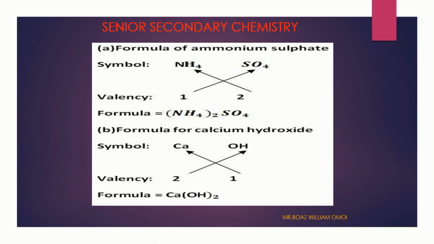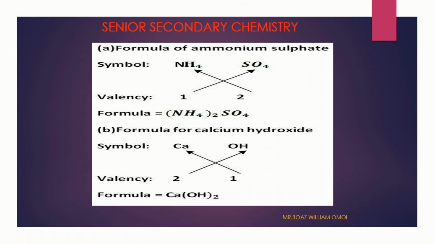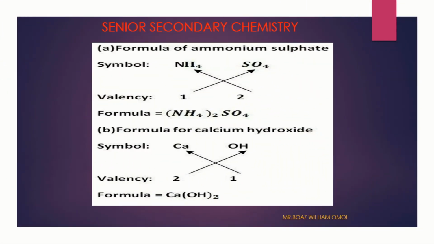Therefore, you interchange the valencies. So 2 goes to ammonium and 1 goes to sulfate, and you get ammonium sulfate as (NH4)2SO4. You have to use a bracket when writing that 2, and you ignore the 1.